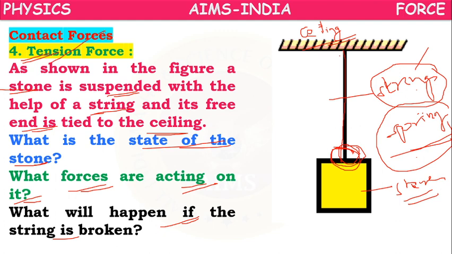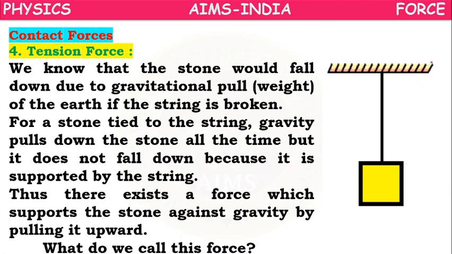Here, fourth kind of contact force is tension force, which will exist in the strings or springs, mainly on strings. So we know that the stone would fall down due to gravitational pull or weight if the string is broken.